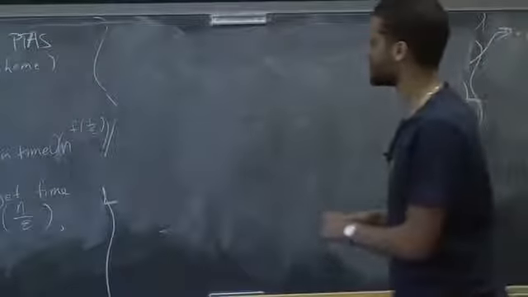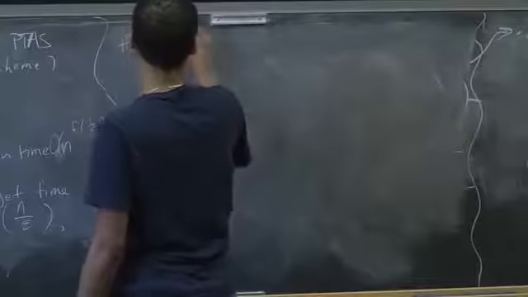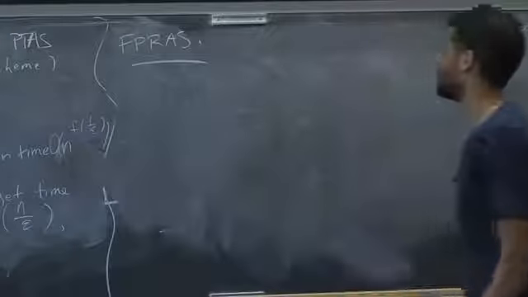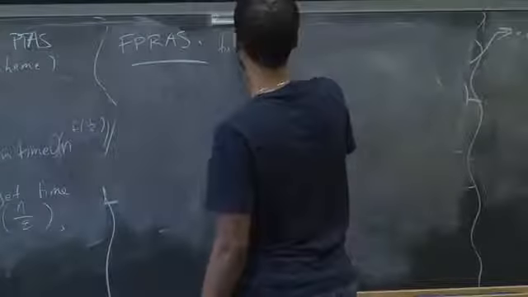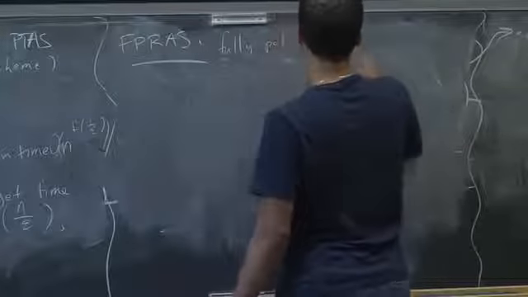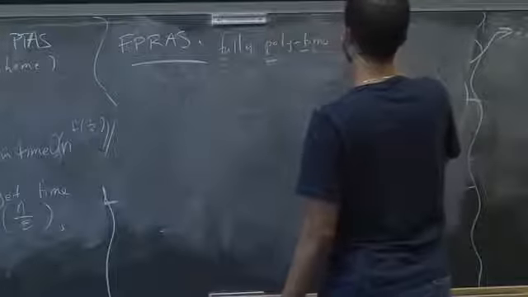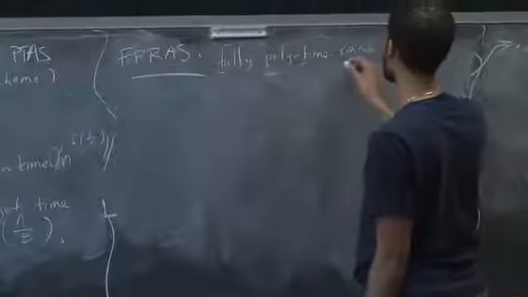And an FPRAS is a fully polytime randomized approximation scheme. I guess it should be FPATRAS, but you can't really pronounce that.